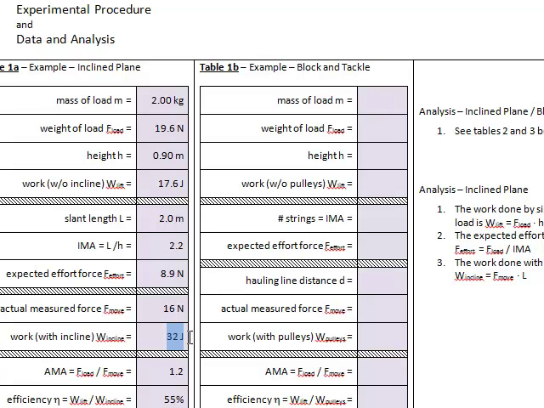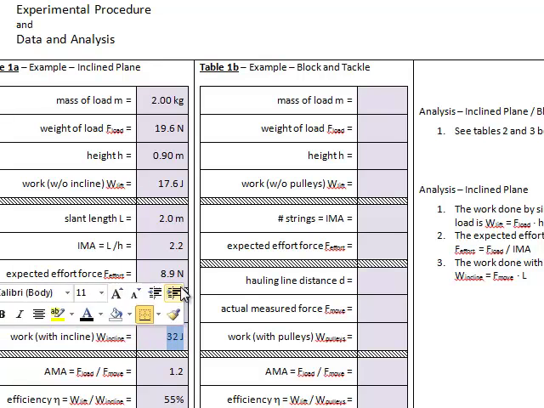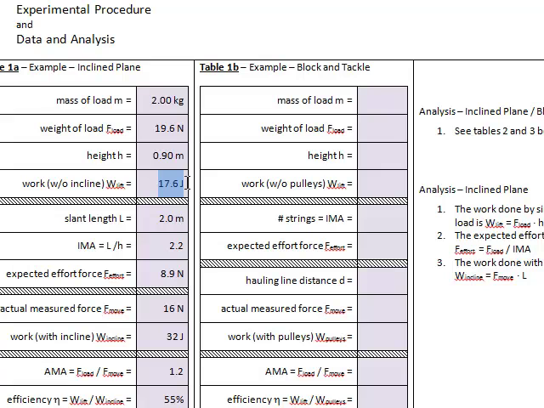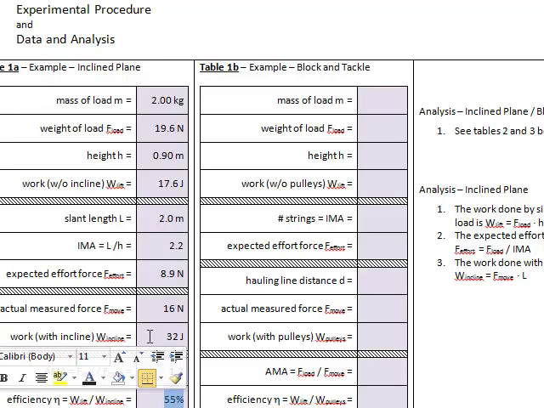You don't get a free lunch, but of course the work with the incline takes into consideration that there was friction on the board, and therefore this number here in this case is appreciably larger than this number, and that's why we only get an efficiency of 55%.